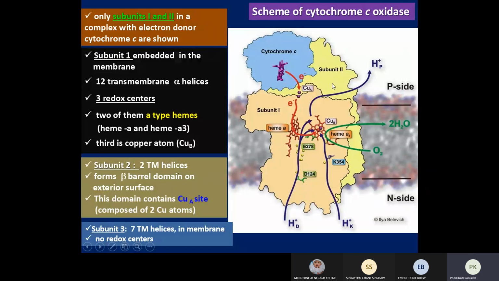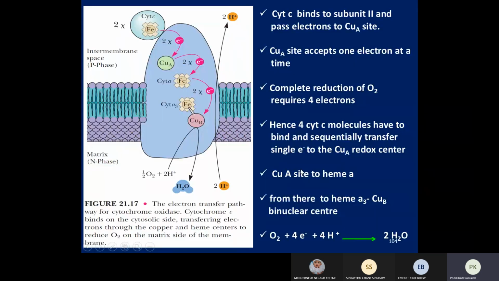Subunit 2 has 2 transmembrane helices. It forms a beta barrel domain on the exterior surface, and it has only the copper A site. Whereas subunit 3 has 7 transmembrane helices, and it has no redox centers. And what exactly happens here is that the reduced cytochrome c, the mobile electron carrier, binds to subunit 2 and transfers its electrons to the copper A site at the beginning, and this copper A site accepts 1 electron at a time.